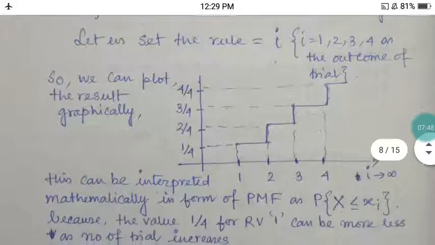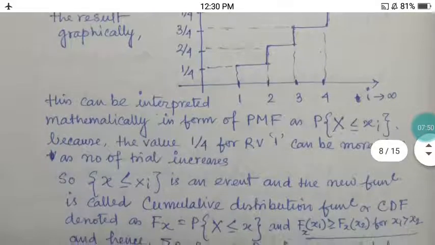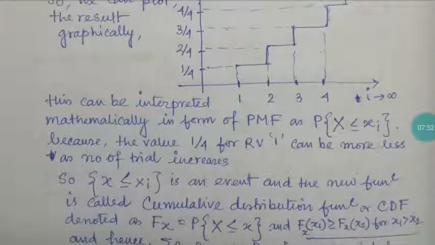This can be interpreted mathematically in the form of PMF as P of capital X less than or equal to xi, because the value 1/4 for RV1 can be more or less as the number of trials increases. Very important point to see here. So what is PMF?